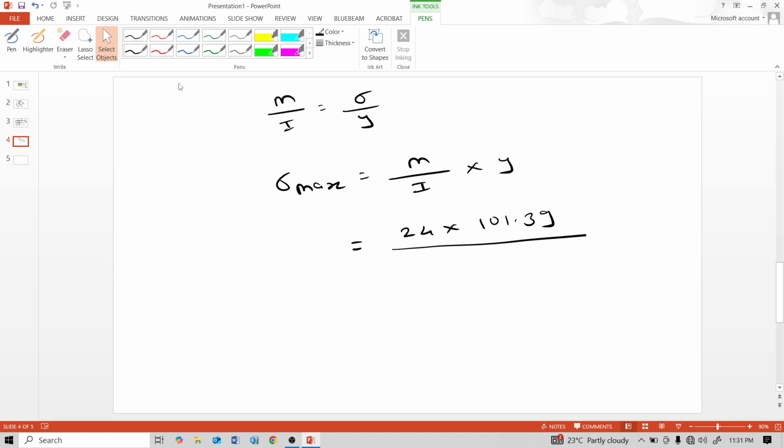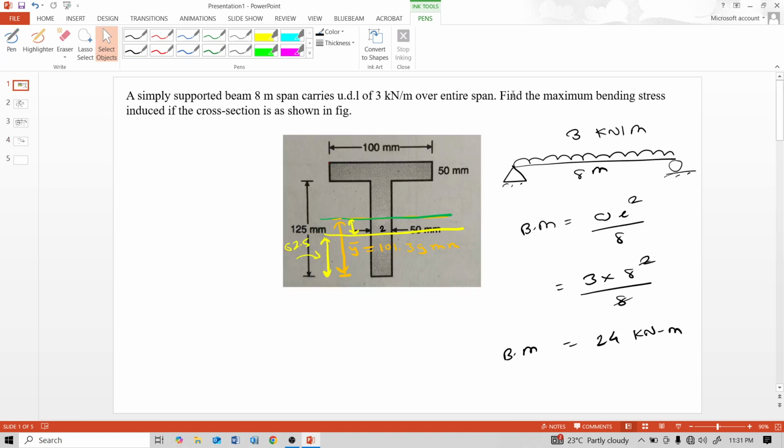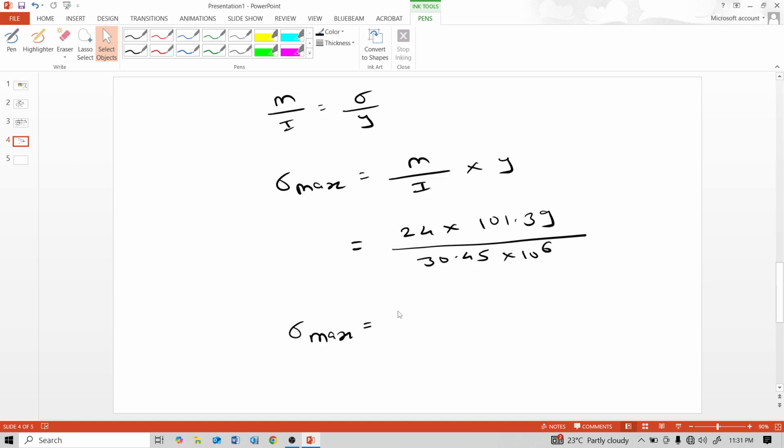So now calculate sigma max, the maximum bending stress, using the cross section. The maximum bending stress is equal to 24 into 101.39 divided by 30.45 into 10 raised to 6.